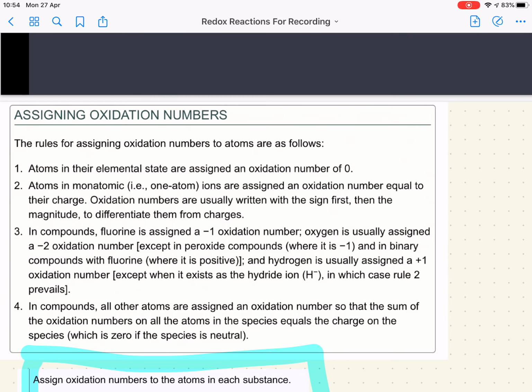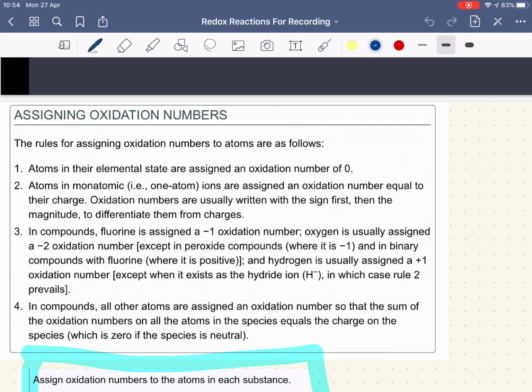Next one. When we're talking about ionic bonds, for monoatomic ions, the oxidation number is equal to their charge. So something like sodium chloride, NaCl. These are monoatomic ions, meaning we've got one ion here and another ion here, as opposed to polyatomic ions.